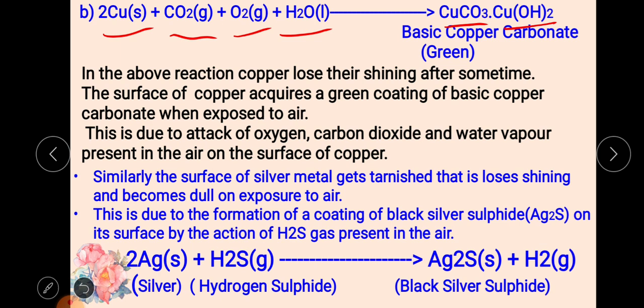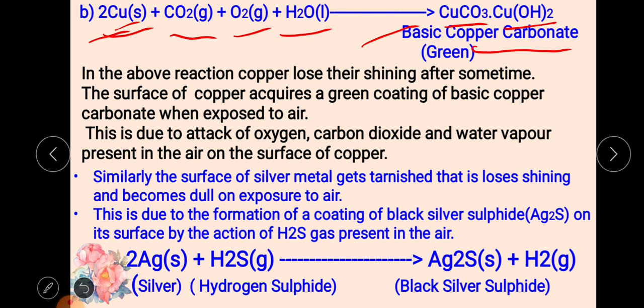This copper carbonate with copper hydroxide is called basic copper carbonate, which is green in color. Before, it was copper colored; it changes to green. That green color is due to basic copper carbonate.